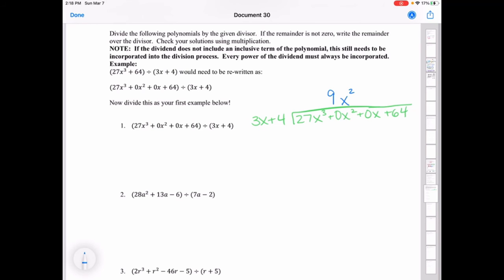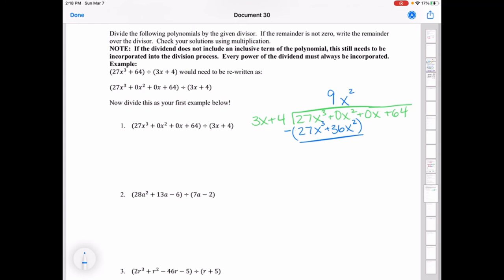So if I do that, 9x squared times 3x is 27x to the third, and 9x squared times 4 is 36x squared. Remember, you are subtracting this. So 27x to the third minus 27x to the third gives me nothing.